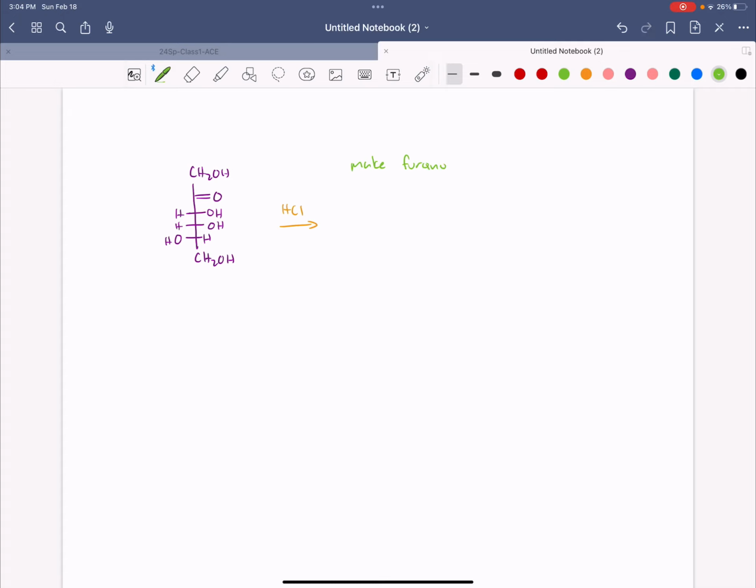Furanose. 5-membered ring. 6-membered rings are called pyranose. Let's make the beta anomer.